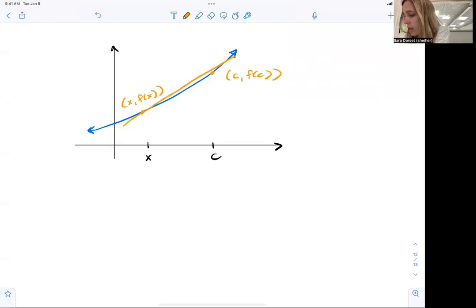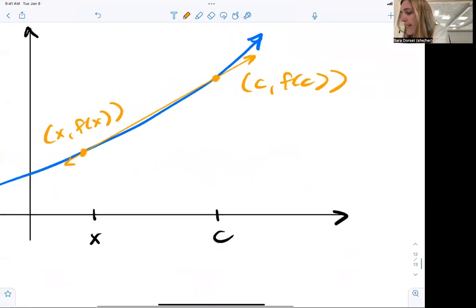Secant line. Ooh. If we wanted to find the slope of the tangent line at c comma f of c, couldn't we think about dragging this point closer and closer to c comma f of c, where you could think about making x approach c?